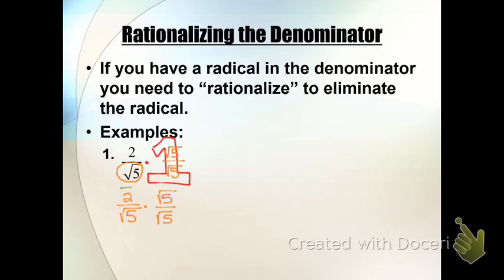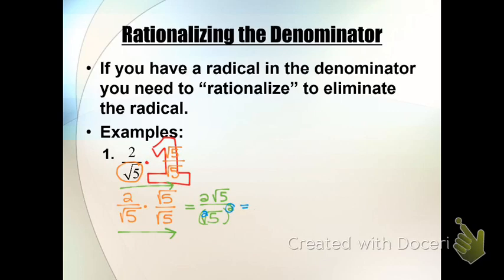Then you'll need to remember your rules from elementary school when you multiplied fractions, how you multiply the numerators to get the new numerator, and then you multiply the denominators to get the new denominator. Now, 2 times root 5 is just 2 root 5, and then in the denominator, root 5 times root 5 is root 5 squared, and don't forget that when you take the square root and then you square something, they're inverses, so they're going to be undoing each other.